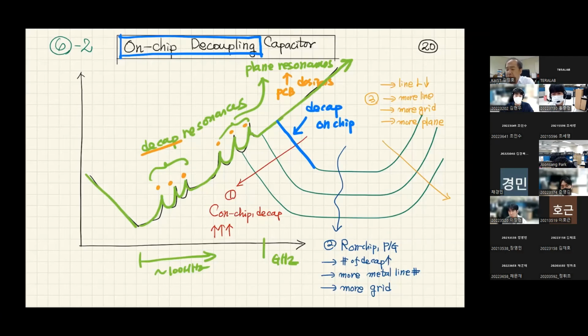If you have I/O switching current inside silicon, or core switching current inside the chip, you have to put a certain amount of decoupling capacitors inside the chip. By having these on-chip decoupling capacitors, impedance will change. Of course, we're gonna have resonances, and these resonances occur by an interaction between the inductance of your total power supply network and on-chip capacitance. Usually it occurs around the gigahertz range.